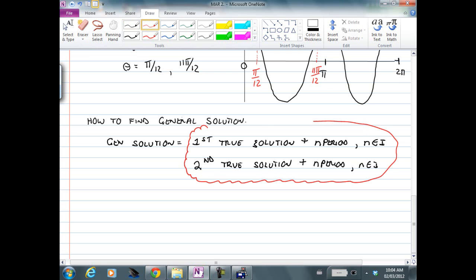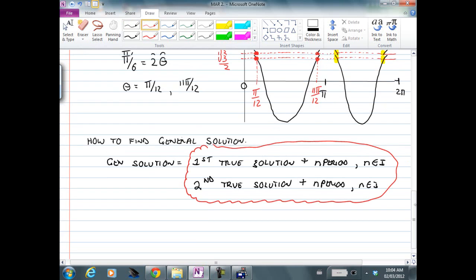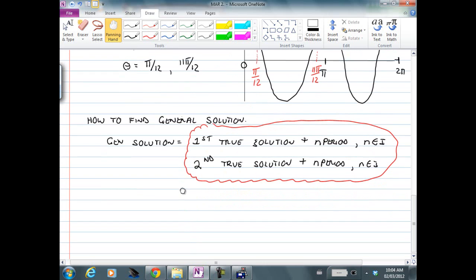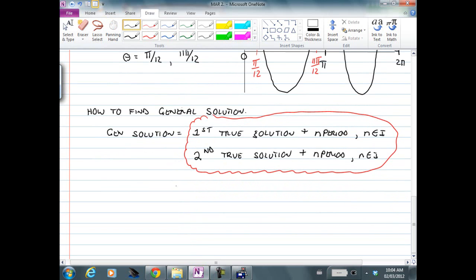Okay. Your first true solution, remember when we found theta, we have two answers. One is pi by 12, so pi by 12 is my first true solution. So it's pi by 12 plus n period, and in this case, my period is pi, and n is an element of the integers, where n has to be 0, 1, 2, 3.